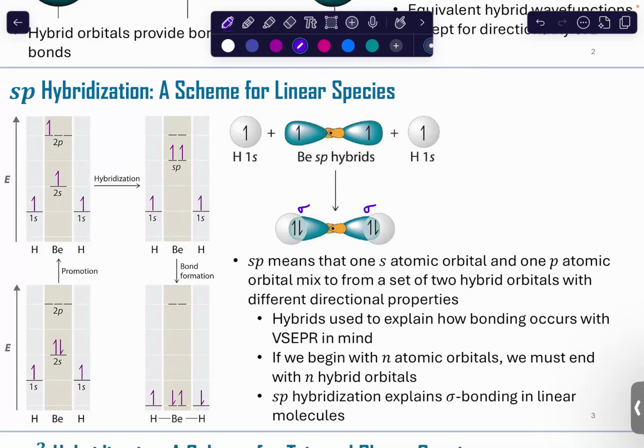Another thing that you can think about is, since the sp is taking on about half p character, one of the electrons has to start to access that p level. So that's another reason for the promotion of an electron into what we would typically call an excited state. It just doesn't live there for very long. It just kind of migrates through there into the sp level.